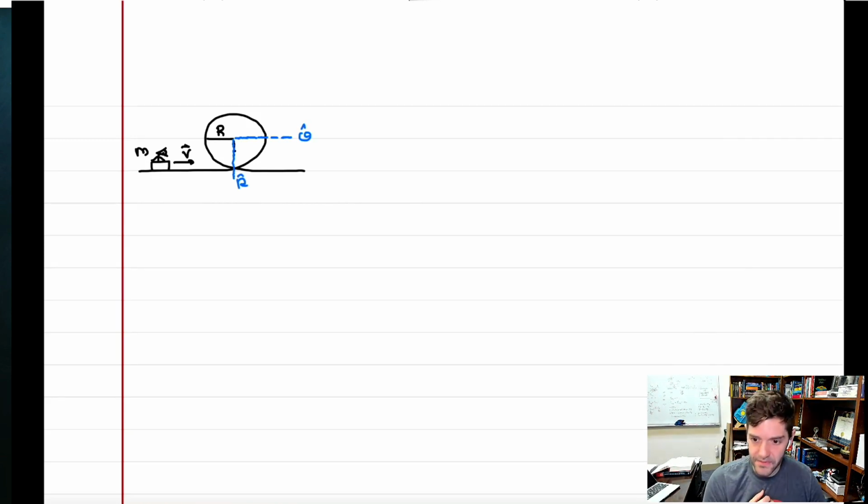And maybe I'll take vertically downward to be where theta equals 0. So by the time the cart is here, that corresponds to this theta here. So immediately at the bottom of the circle, let's call that theta equals 0, and then theta increases as you go around until it gets to 2 pi, and then you're done.